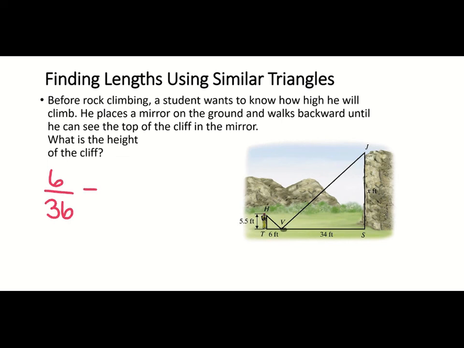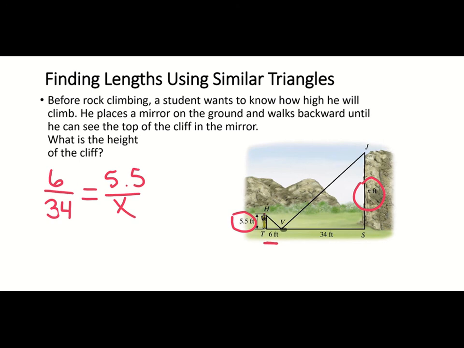Let me fix that, make that a 4. Okay, and then it's going to be equal to, now what we don't know, we know the height. He knows the height of the hiker. He knows his height. And that corresponds to the 6 feet there. So we'll put our 5.5 there. And then we don't know how tall the cliff is. So that's my x. So when I go to solve this, I am going to cross multiply.